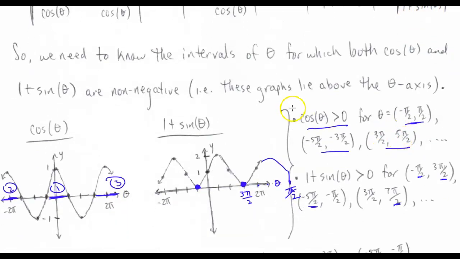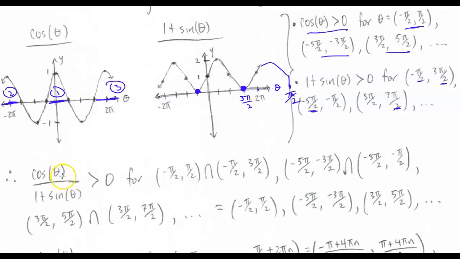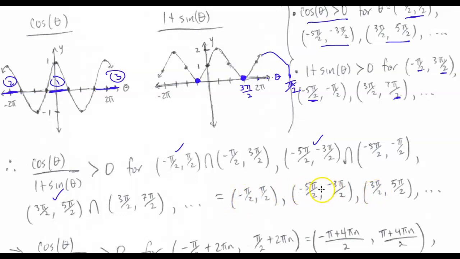And it turns out that since the interval between negative pi over 2 and pi over 2 is smaller than the interval of negative pi over 2 to 3 pi over 2, and these intervals follow suit with the respective one from 1 plus sine theta, cosine of theta divided by 1 plus sine theta is going to be above the theta axis for the intersection of this interval, as well as the intersection of these two intervals, as well as the intersection of these two intervals. And of course, for all of these, the first one here is the smaller one out of the two. So that's why we get this result here.